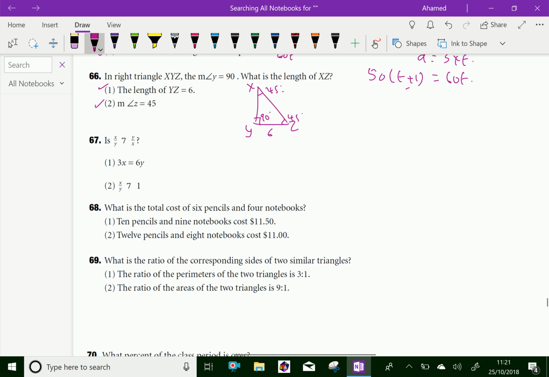Statements 1 and 2 together solve this problem, so option C. Here XY is also 6 because it is an isosceles triangle. We can find XZ by Pythagoras: 6 squared is 36, plus 36, square root of 72. So we can find the length of XZ using statements 1 and 2.